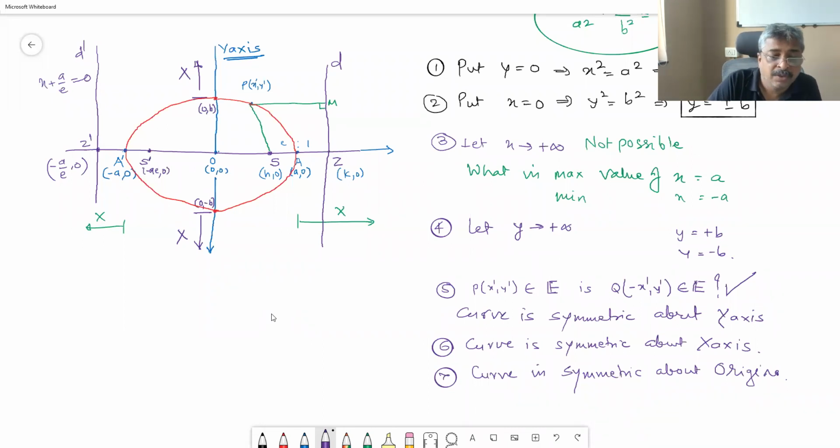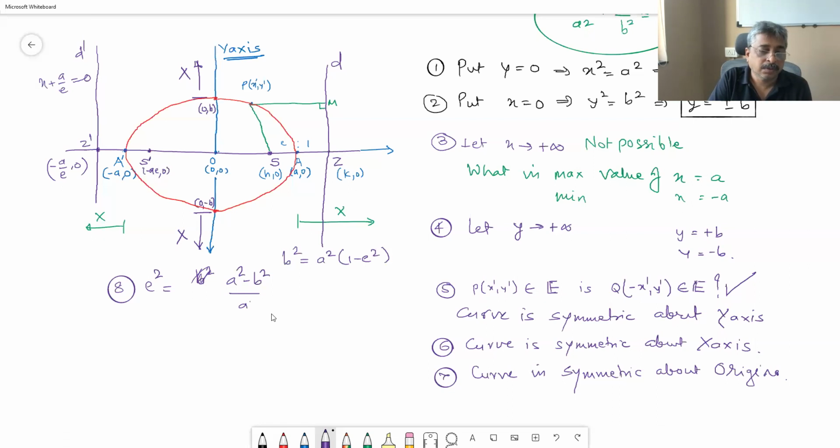And therefore, now let us go back to figure out the properties. So can we write down the eccentricity in terms of a and b? What is our e? b square is equal to a square into (1 minus e square). Therefore, e square is equal to, can you tell me what e square is equal to? a square minus b square upon a square.